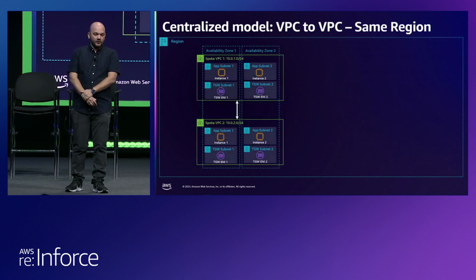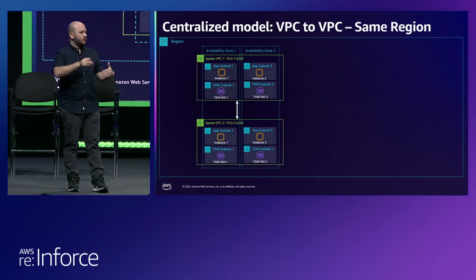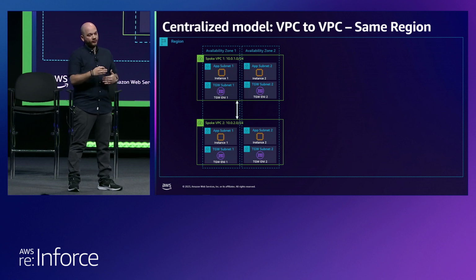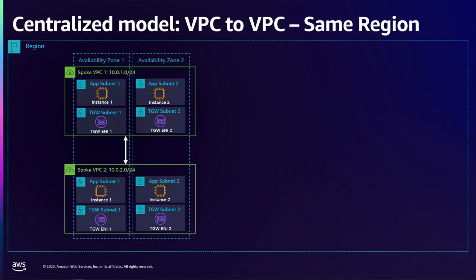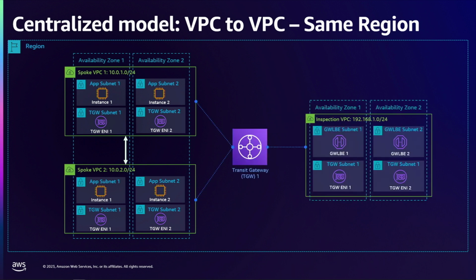How? So, like I mentioned, you will have two applications, let's say, running in two VPCs. Like you can see here, VPC 1 has 10.0.1.0/24, and you have the other VPC with 10.0.2.0/24. Each one of them will be connected using Transit Gateway to be able to connect to each other.